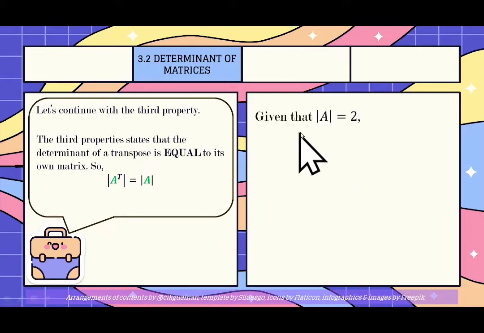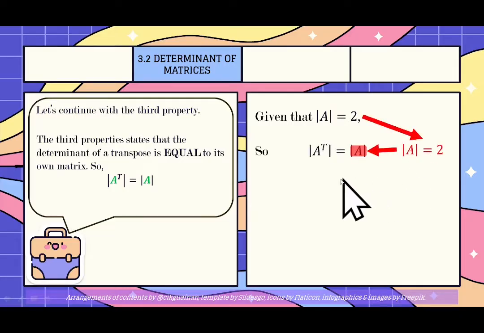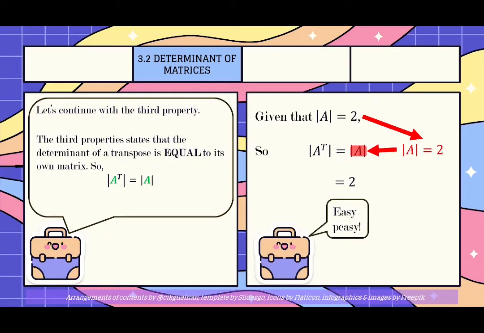So given that the determinant of A is 2, the determinant of A transpose equals the determinant of A. So we can substitute the value by 2, therefore we get the value of 2. Easy peasy.